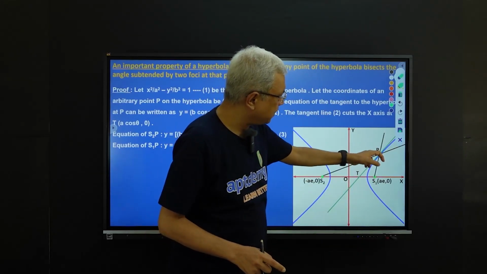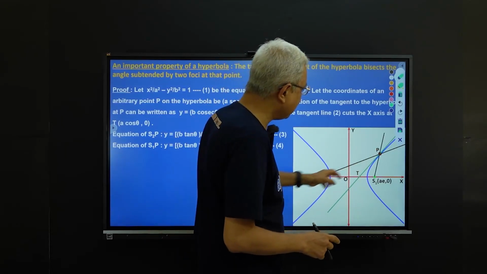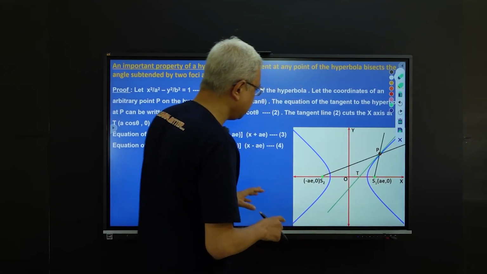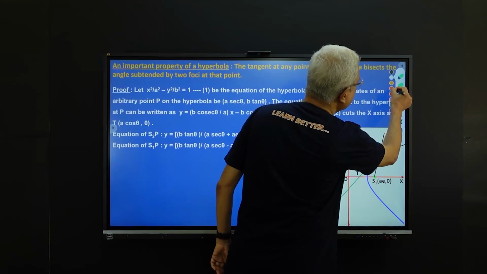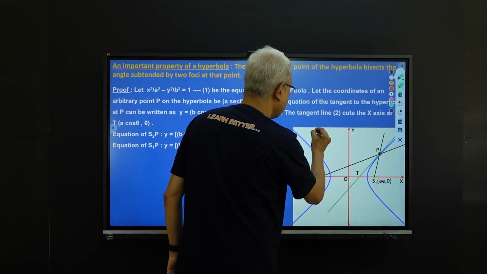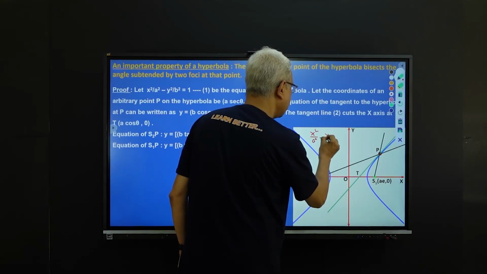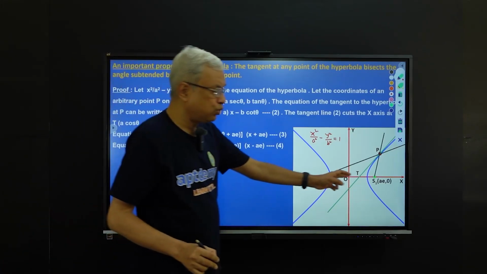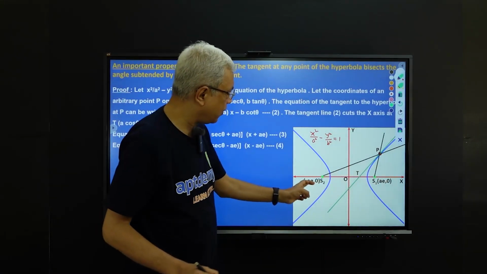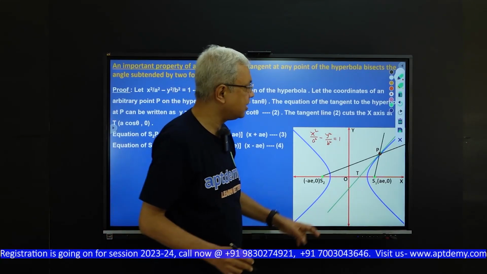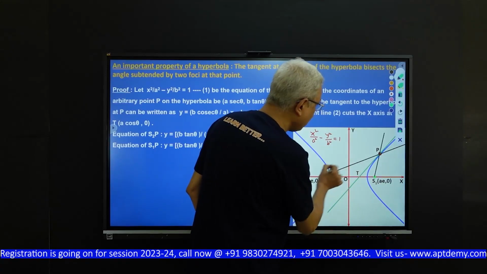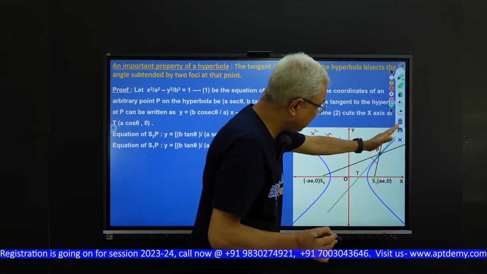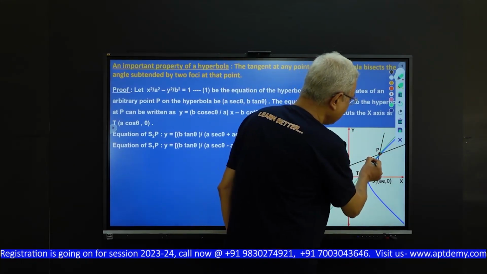The tangent at any point P, which is a green line, bisects the angle subtended by the two foci. So this is a hyperbola whose equation is, for example, x square by a square minus y square by b square equal to 1. It has two foci, one at S1 whose coordinate is (a, 0), another at S2 whose coordinate is (minus a, 0). So this S1 P S2 is the angle. The tangent at the point P bisects this angle.